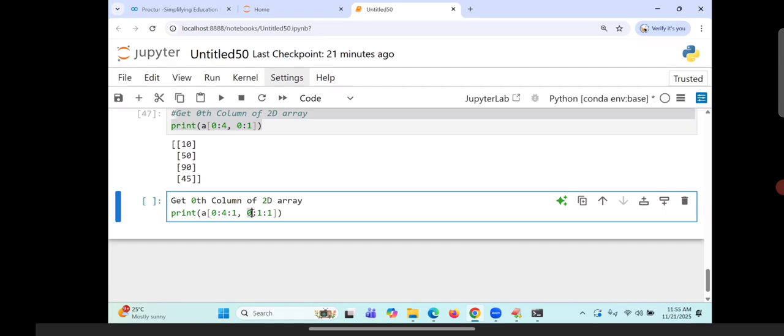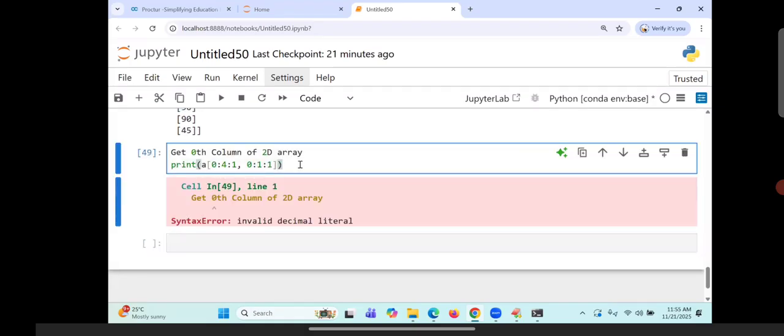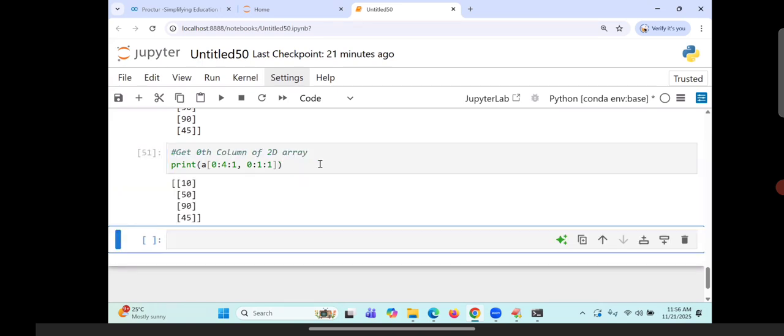Column begin index, column step. So see, the same answer will be there. There is an error, invalid decimal literal. So now this is going to get the same data. Are you following me? Right.